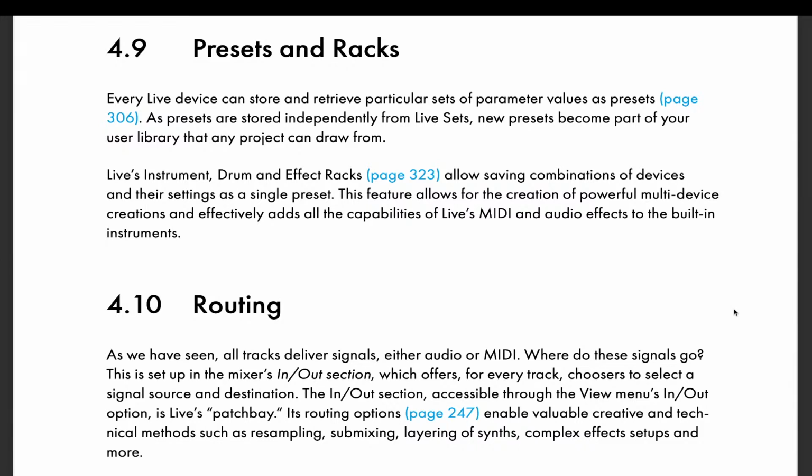Live's instrument, drum, and effect racks, page 323, allow saving combinations of devices and their settings as a single preset. This feature allows for the creation of powerful multi-device creations and effectively adds all the capabilities of Live's MIDI and audio effects to the built-in instruments.